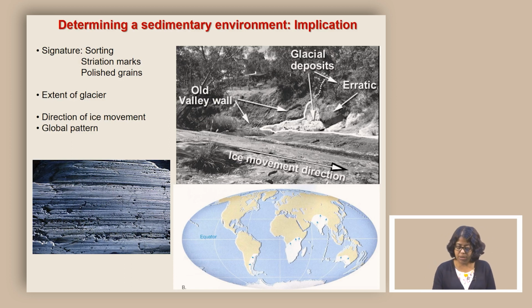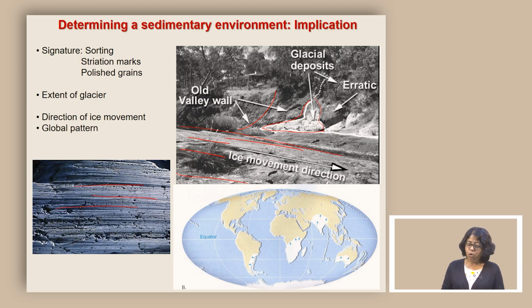And these are some examples that not only do you find these glacial deposits like these huge rocks, you also get a valley through which the glacier moved, and on the base surface where the glacier actually moved, you will have these striations, which are marks like these.